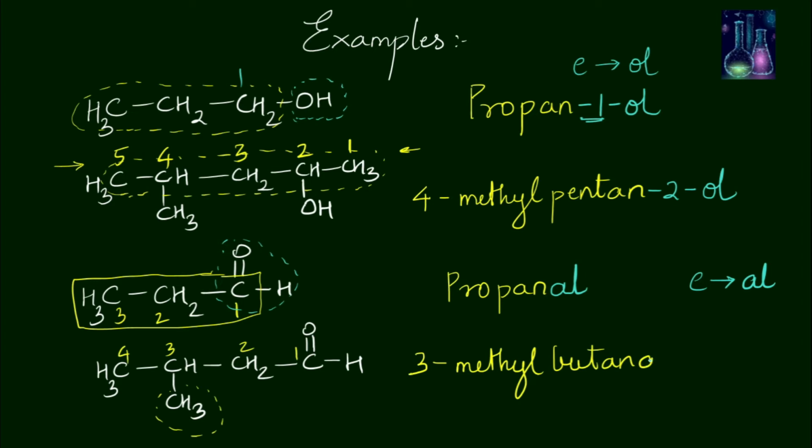So the name of the molecule will be butanal. It is Al, butanal. So the name of the molecule is 3-methylbutanal. Let's move on to our next example.